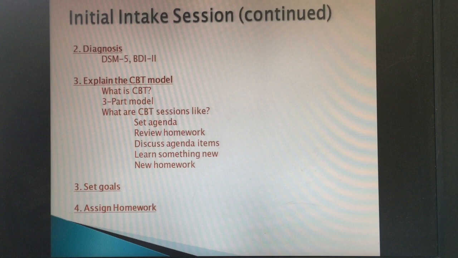So oftentimes the first homework assignment goes along with the goal setting, and what I'll do, I'll get out a card and I'll write on it, if therapy is working, what will change or be different? And I'll ask the patient, let's suppose it's several weeks down the road and you were to say to yourself, this is really working, this therapy is really effective. What would we see differently that would make you say that? It's usually things like improve my mood, get out of the house more, have less arguments, things like that.